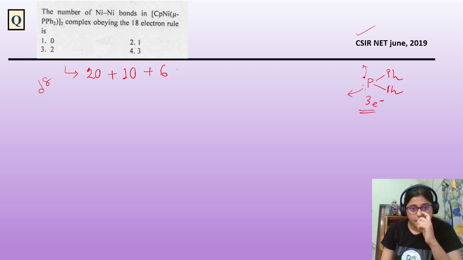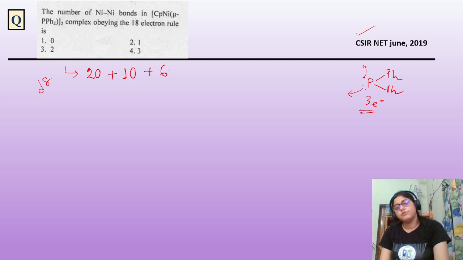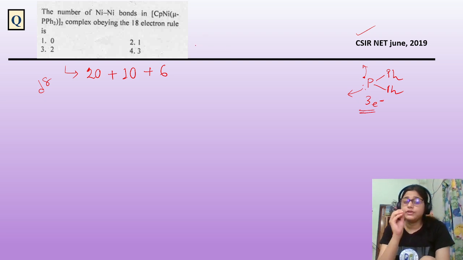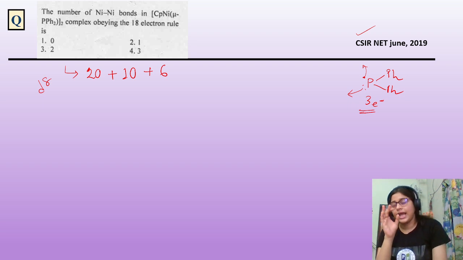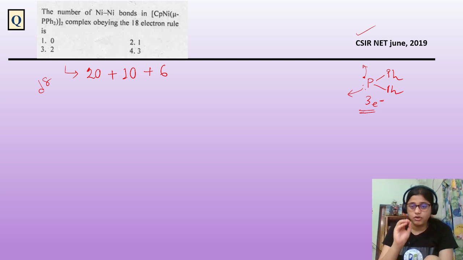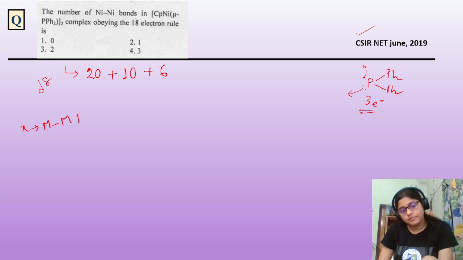Now, while I was showing you how to calculate the 18 electron rule, another added thing was there: the metal-metal bond should also be counted in the 18 electron count. Let's say X is the number of metal-metal bonds present.